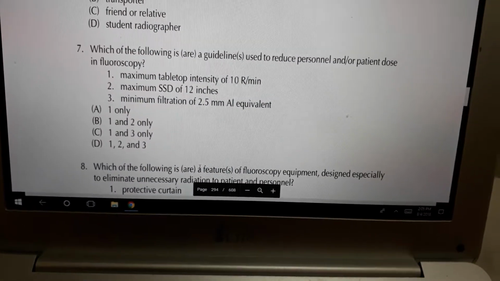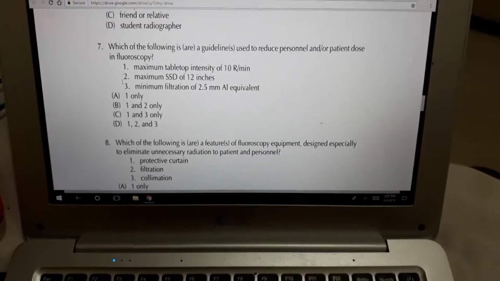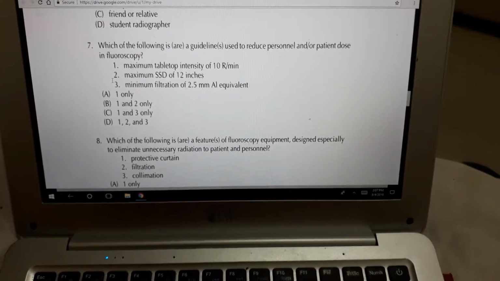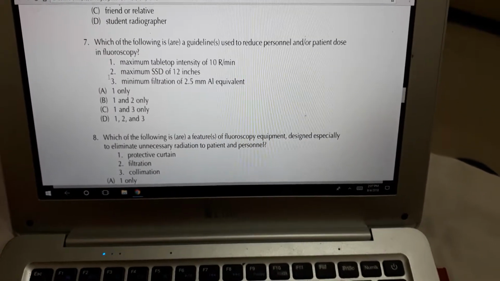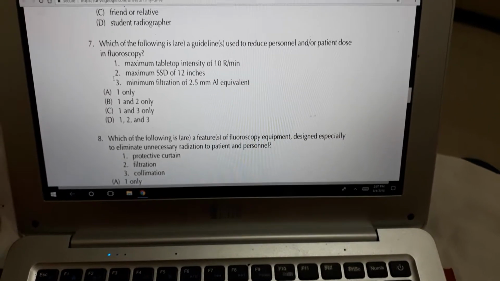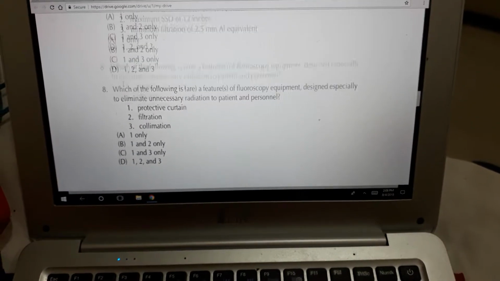So the answer will be first and third, I think. So the answer is C for the seventh question. Which of the following is a feature of fluoroscopy equipment designed especially to eliminate unnecessary radiation to the patient and personnel? Protective curtain, filtration, collimation. All three. The answer is D.